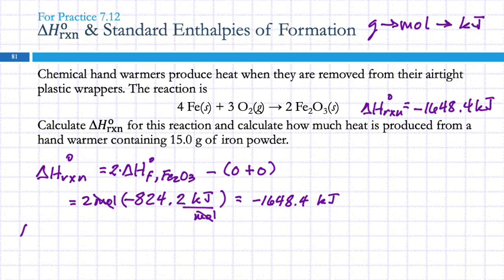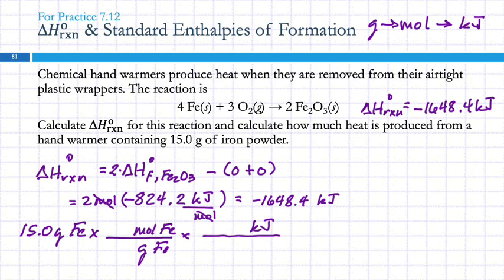So we can go from 15 grams of iron to moles of iron to kilojoules. And so we're going to get our units all to cancel out. The kilojoules, this is minus 1648.4 kilojoules for how many moles of iron?